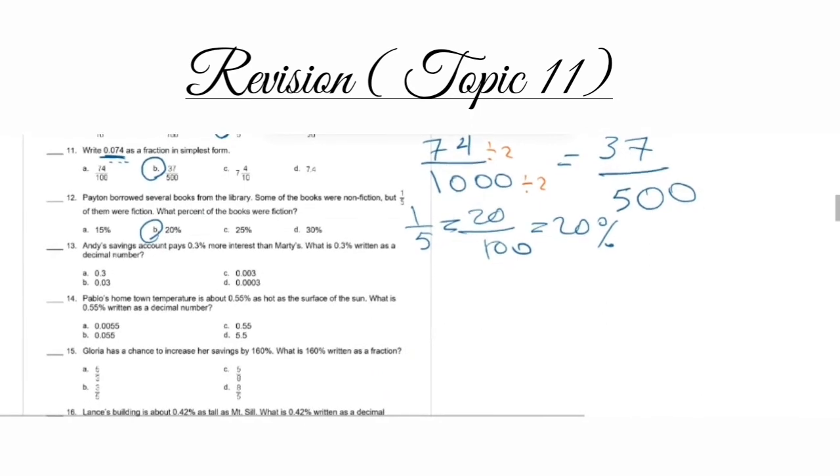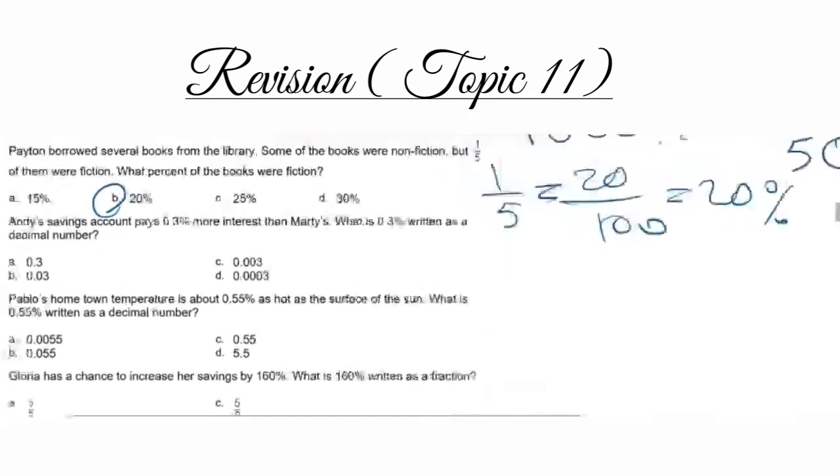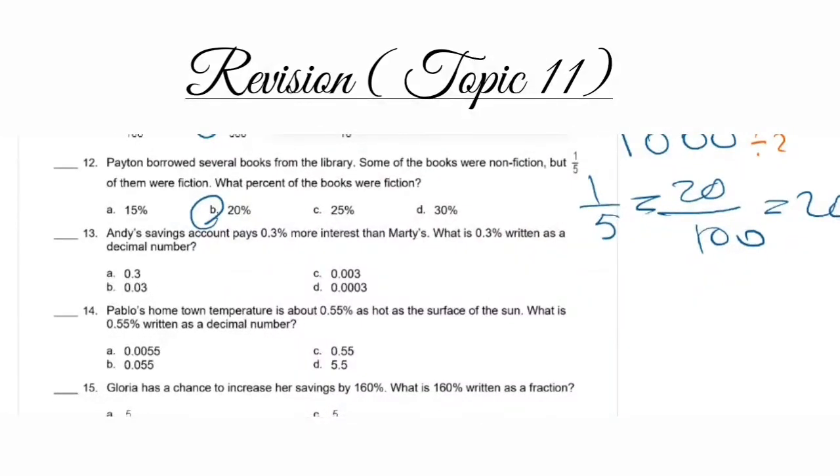13. Andy's savings account pays 0.3% more interest than Marty's. What is 0.3% written as a decimal number? So we need to write this percent as a decimal. It's 0.3%.